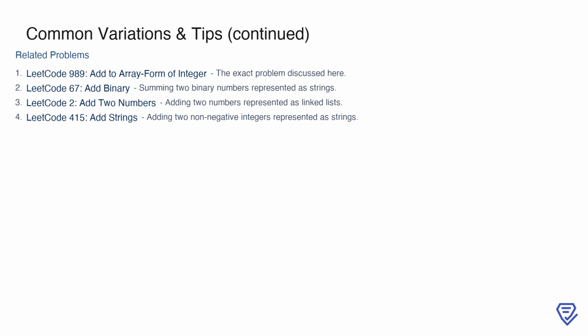Another related problem, LeetCode 415, Add Strings, focuses on summing two non-negative integers represented as strings without converting them to integers. These problems all revolve around the idea of simulating addition at a granular level and handling edge cases like carrying over digits. Understanding this broader context not only helps you recognize patterns but also prepares you to tackle variations of the problem in interviews or other coding challenges.